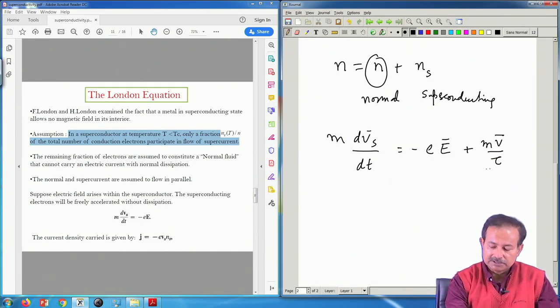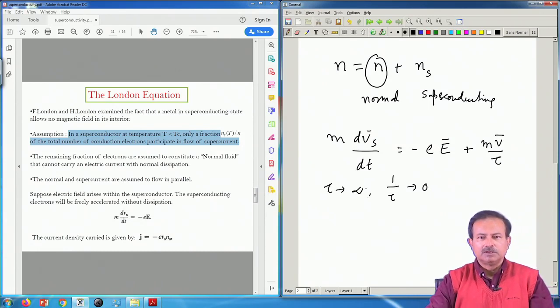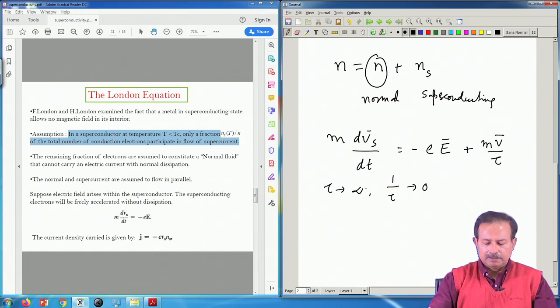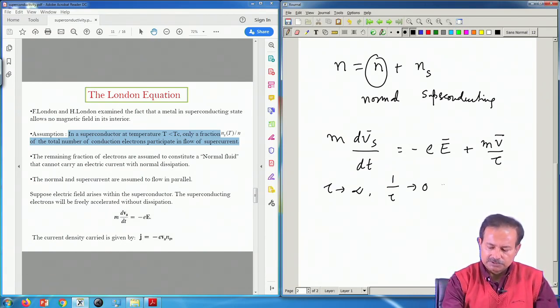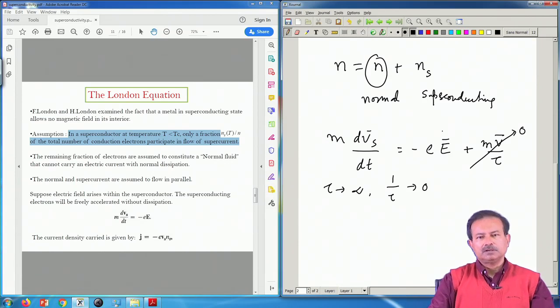That means that 1 by tau goes to 0, right. So, that means tau goes to infinity. So, there is no resistivity at all. So, that is what one has used here and set this term to 0. So, your equation is only this one. Okay.